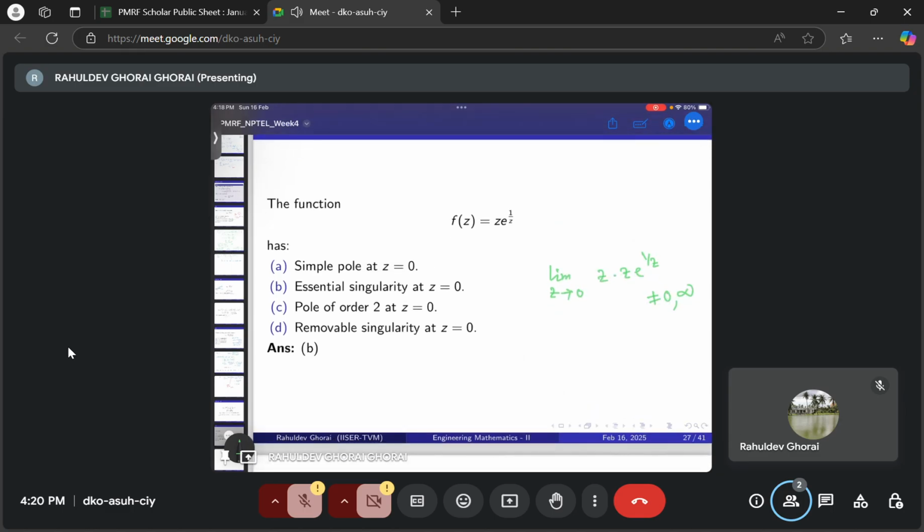Okay, that is better. If you have an essential singularity, you cannot have a simple pole or a removable singularity. So use those things, and then you can show that it will have an essential singularity.